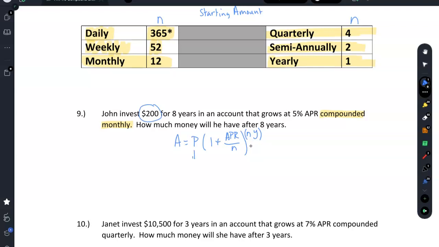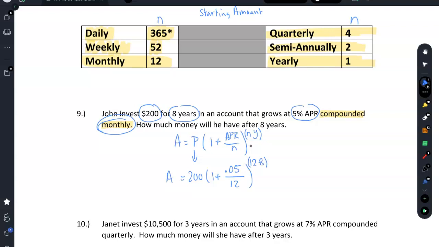He invested $200, so that was his initial amount. The APR is 5%. You must convert that to a decimal, so 0.05. n is monthly, so n is going to be 12. And then it's raised to the 12 times the number of years, which was 8. So all I'm doing at that stage is just pulling out the necessary information.